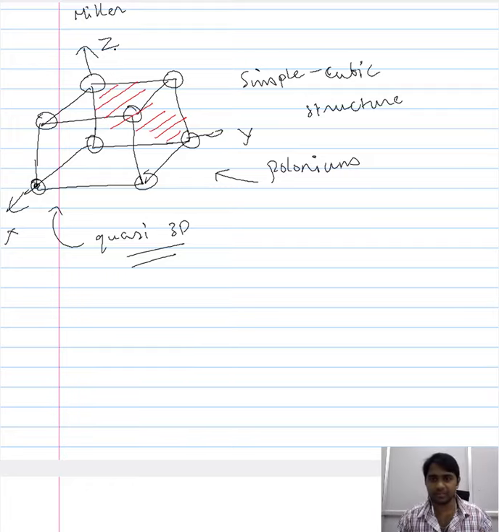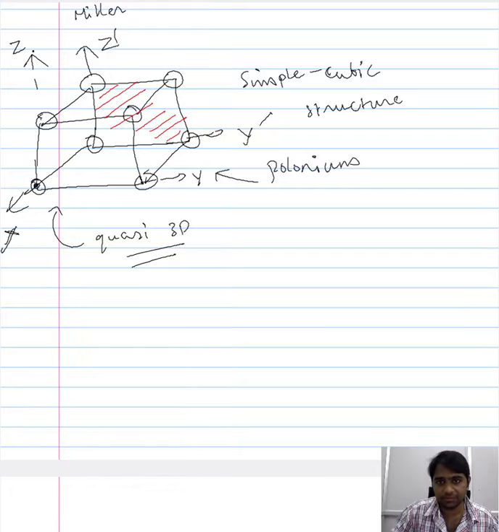For the sake of convenience in representing the unit cell, let us stick to this frame of reference, wherein you have your x-axis here, your y-axis here and the z-axis here. Now you have your origin at this point, so this would be x prime, y prime and z prime. So the frame of reference will also be shifted. This would be the actual frame of reference for the new origin.